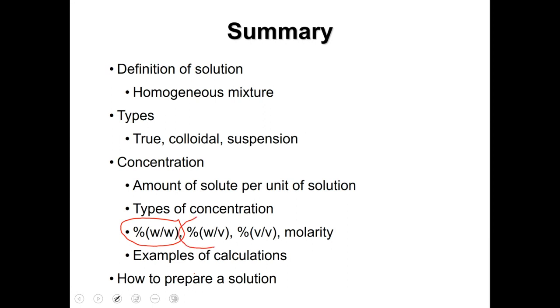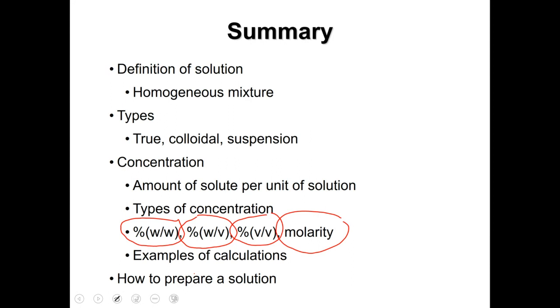And we talked about percentage weight over volume, which means grams of solute per 100 milliliters of solution. And then percentage volume over volume, which means milliliters of solute per 100 milliliters of solution. And finally, we talked about molarity, which is defined as the moles of solute per 1 liter of solution.